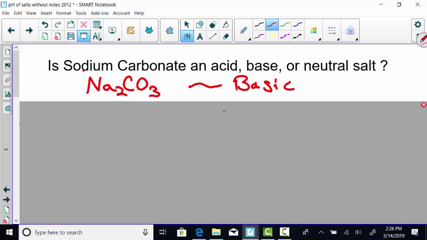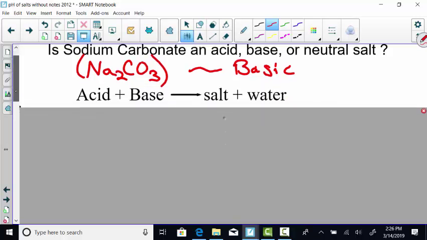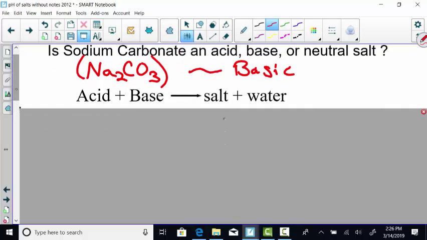So what is it about this that would make it act like a base? One of the things that we have to look at is what actually happens when you add an acid and a base together. When you take an acid and a base and add them together, you always get water, but you always get a salt as well.